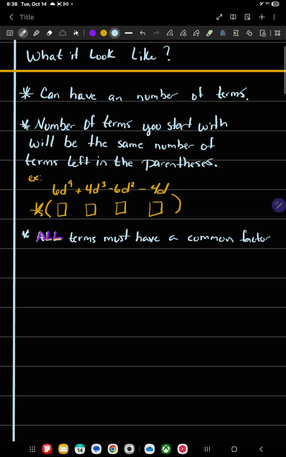All the terms in that polynomial have to have a common factor for you to do greatest common factor.